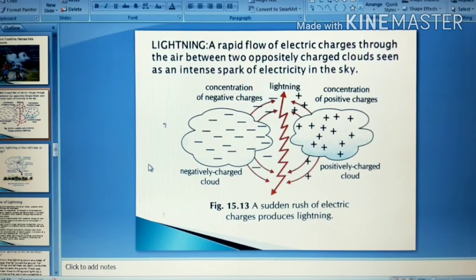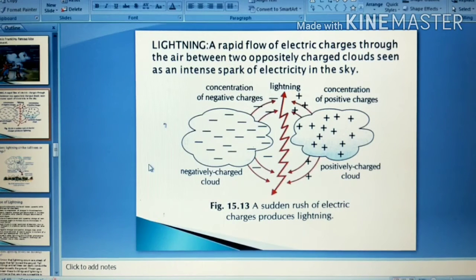The sudden rush of electrical charge heats up the air to about 30,000 degrees Celsius, producing a bright glow of lightning. During the process, a huge amount of energy is released in the form of heat and light. Due to the heat produced at the time of lightning, the air gets heated up and expands suddenly.